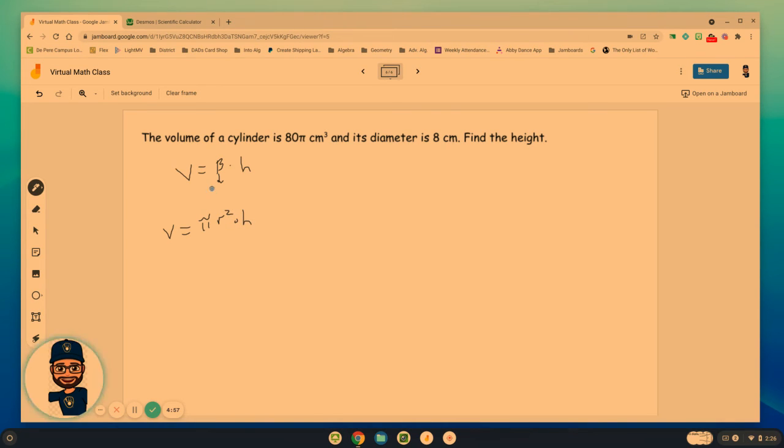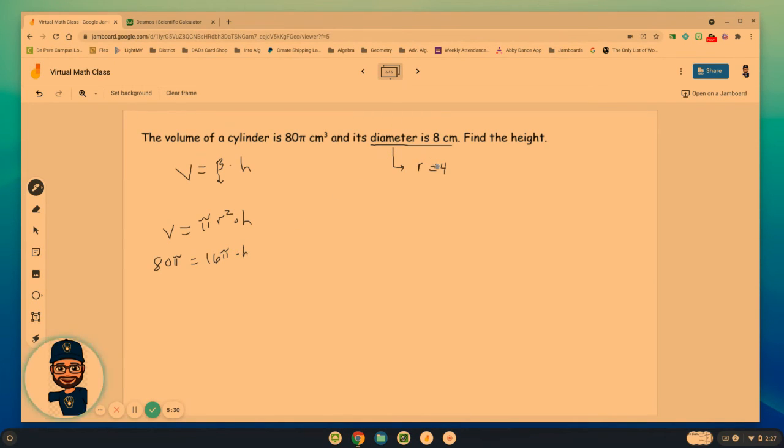Then we're going to fill in the information that they give us. The volume is 80 pi equals the radius squared. Well, they tell me the diameter is 8, which implies the radius is 4. If the radius is 4, that makes this part 16 pi times the height.